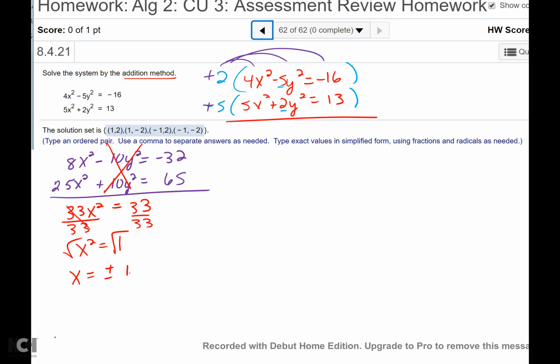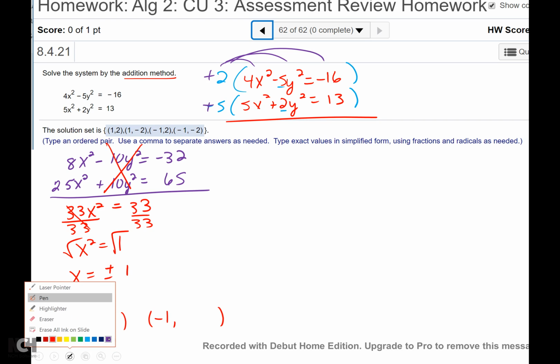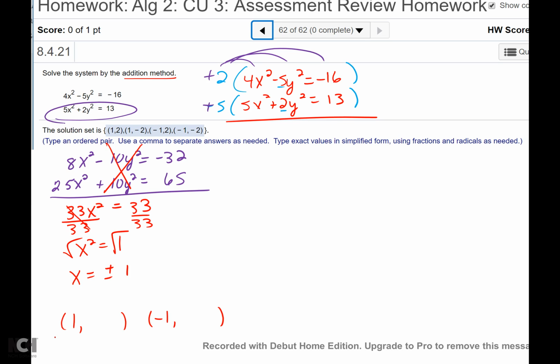So right now I have two ordered pairs, one with a positive 1, one with a negative 1. So I'm going to have to substitute both of those into one of the originals to get the y coordinates. I'm going to go to this one. So if I plug in 1, I have 5 times 1 squared plus 2y squared equals 13.